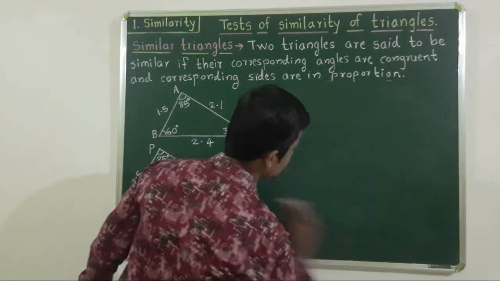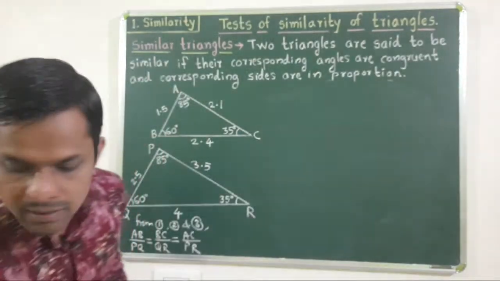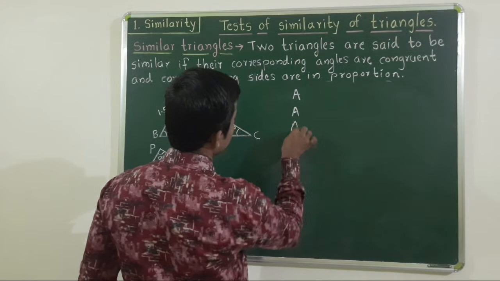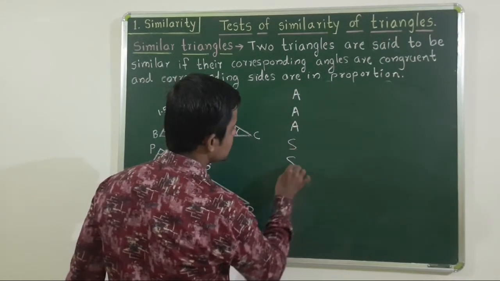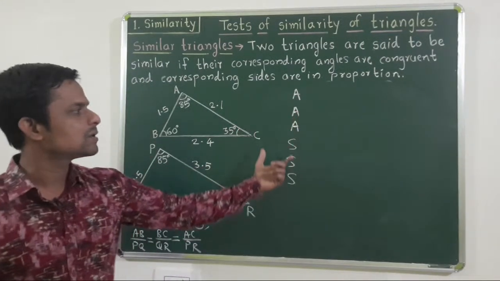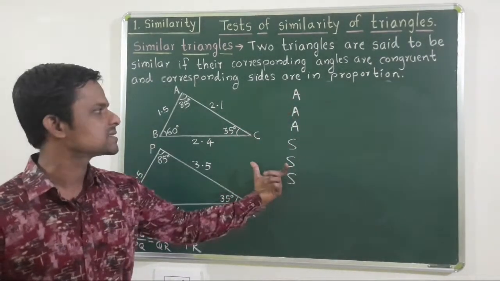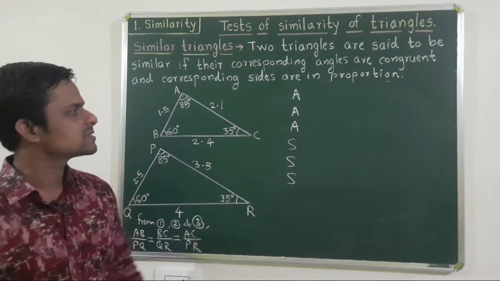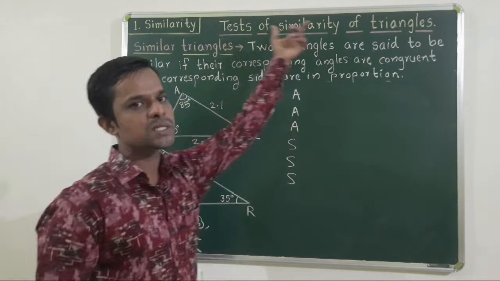Now what are the 6 conditions? That is 3 angles A, B and C and 3 sides. To prove similarity, we don't need to prove all these 6 conditions again and again. We have to choose only 3 specific conditions, and that is nothing but the test of similarity of triangles.